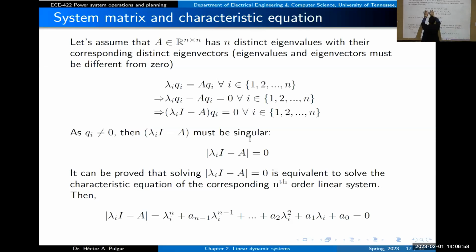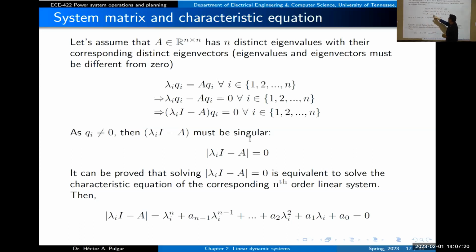So if you have an equation like this, for each pair of eigenvalues and eigenvectors, and these eigenvalues and eigenvectors are all different, first of all, we can write this in a different fashion. We can send this to the other side of the equation.